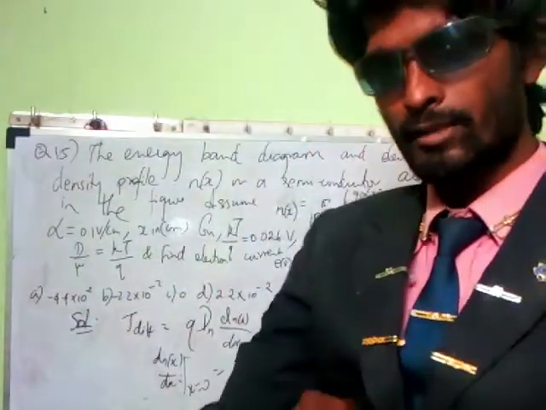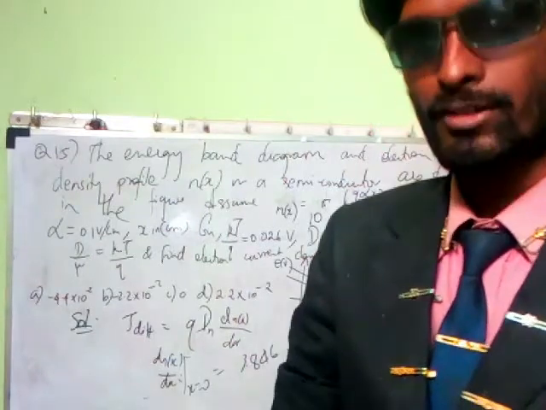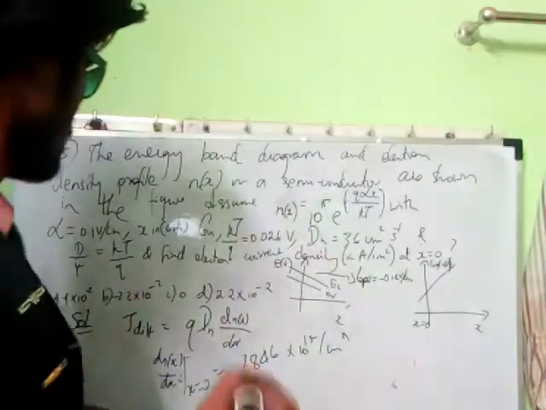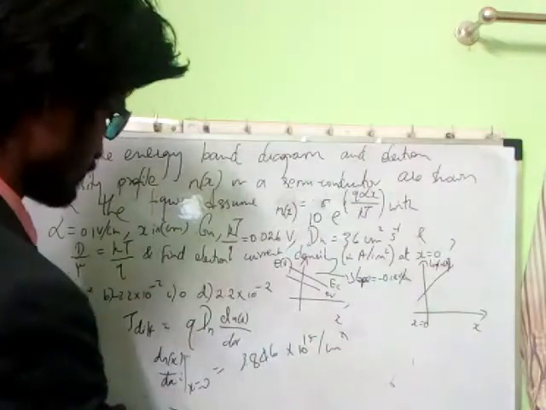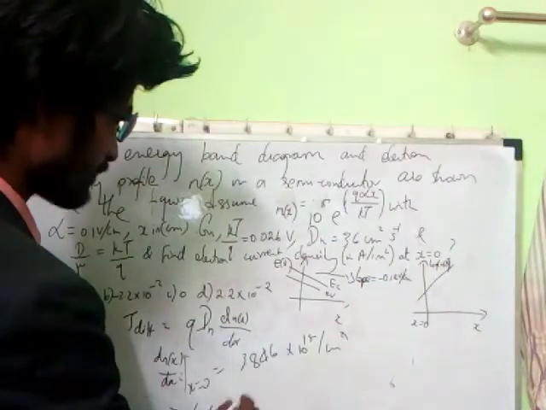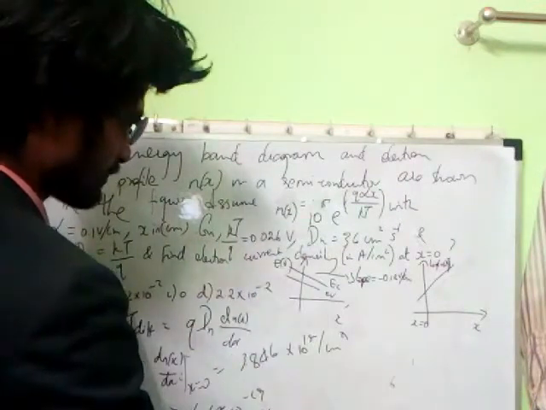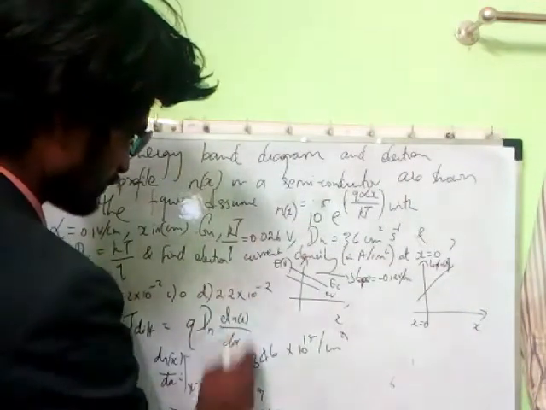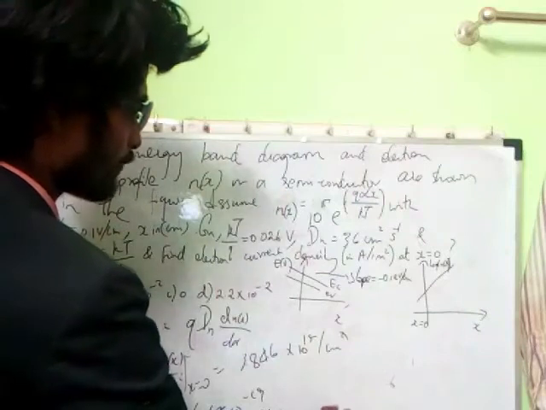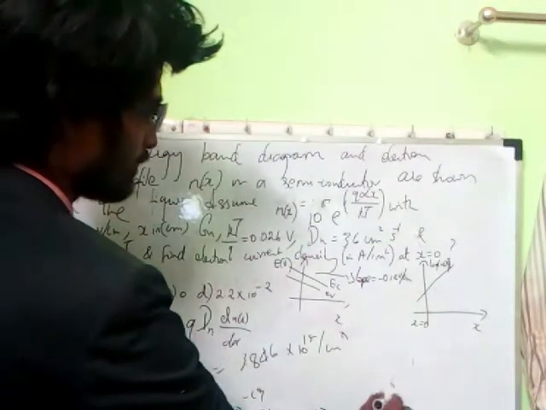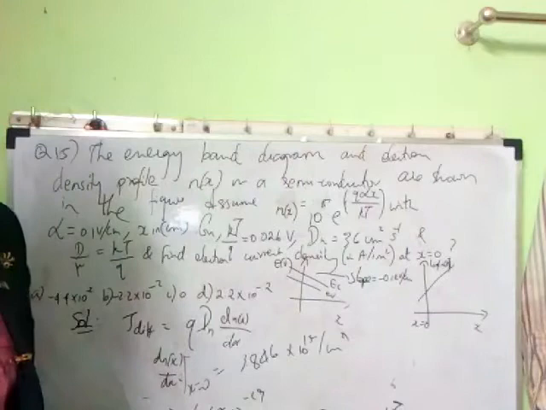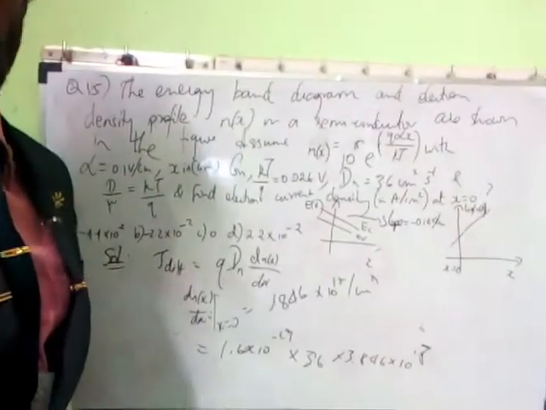Now you just find the density with respect to diffusion. This diffusion will be equal to 1.6 into 10 power minus 19 into the given Dn as 36, and then afterwards you apply this 3.846 into 10 power 15. Because my handwriting could be somewhat different, I hope you can see the things.